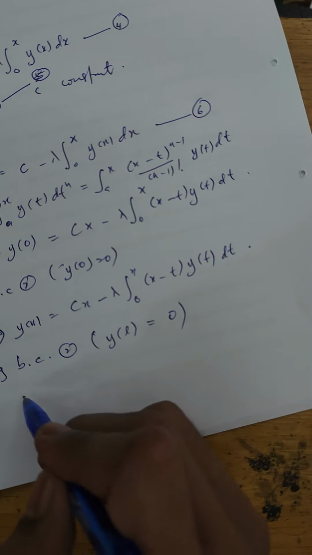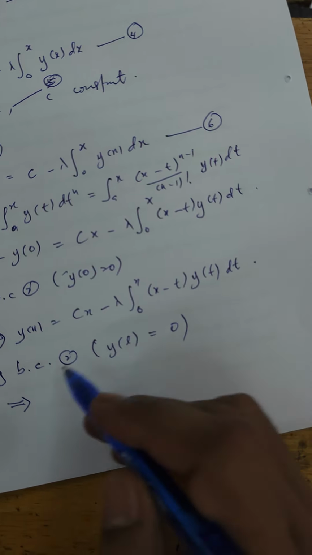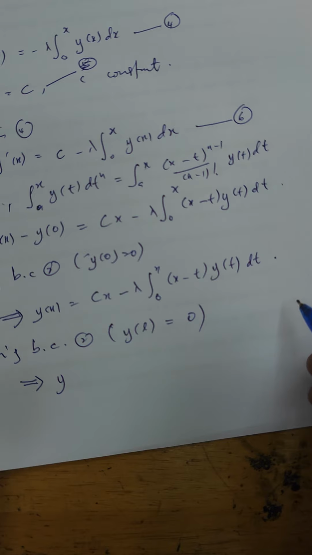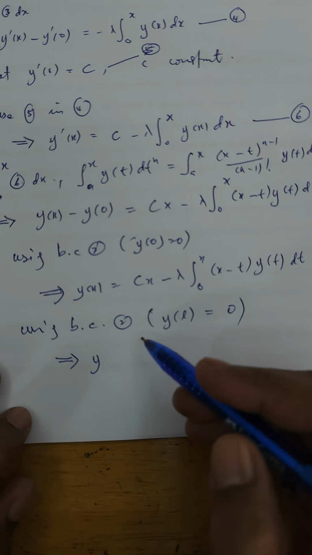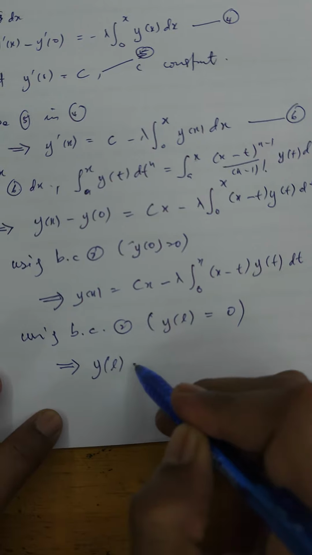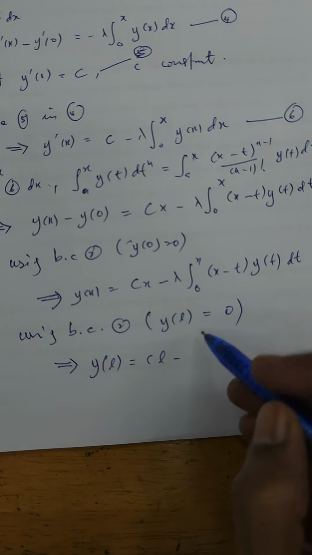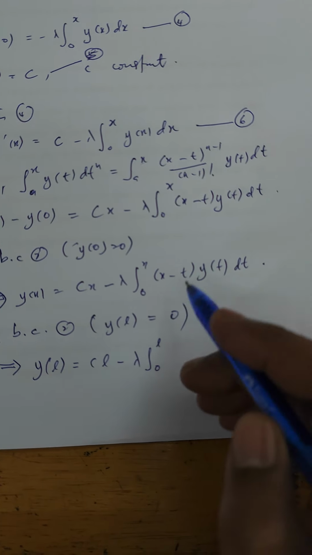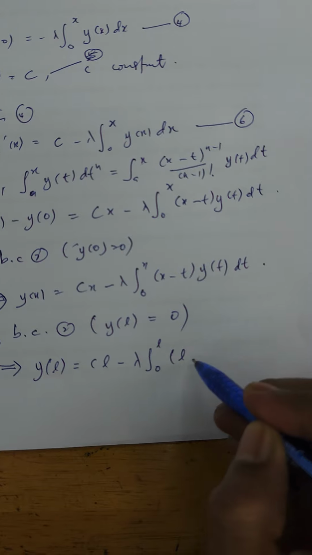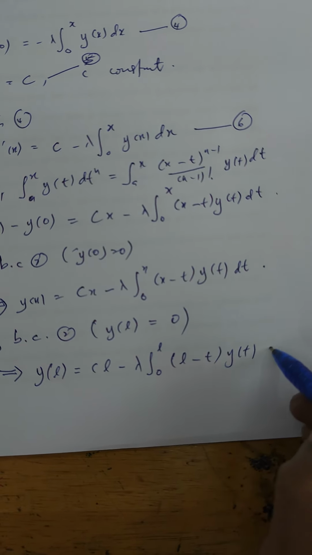Substituting x equal to L, we have y(L) equal to c L minus lambda integral from 0 to L of (L minus t) y(t) dt.